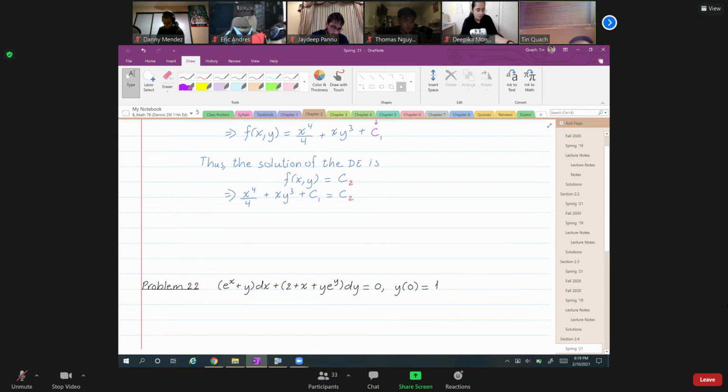So that means the solution is x to the 4th over 4 plus xy cubed. I moved the C sub 1 to the right.